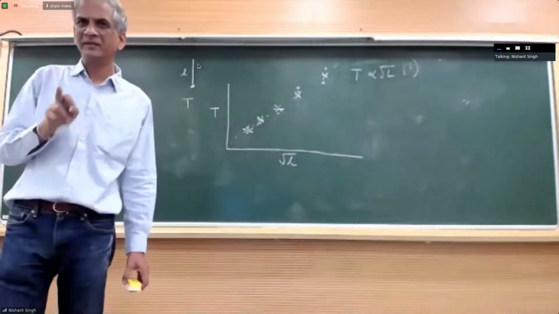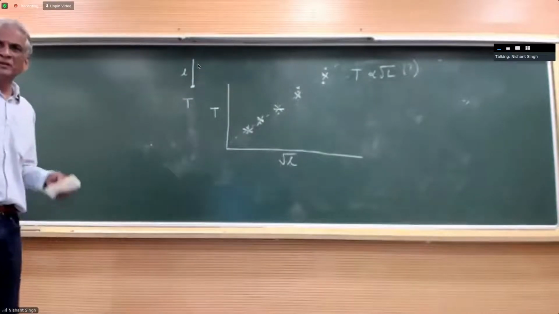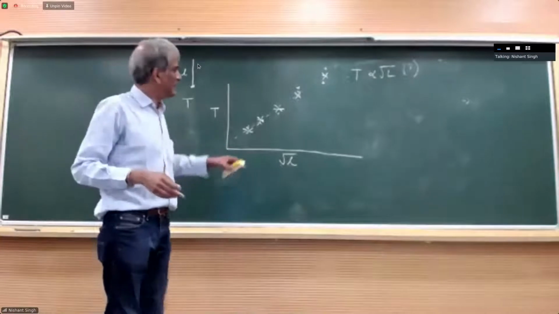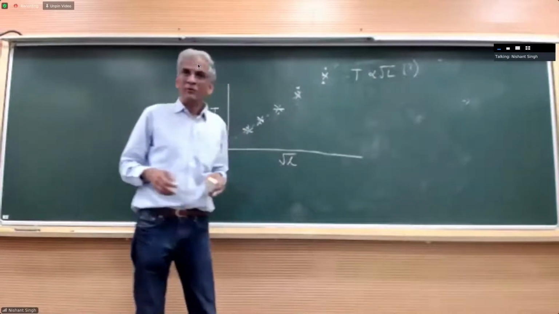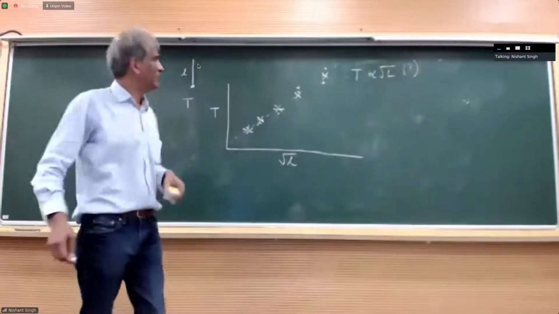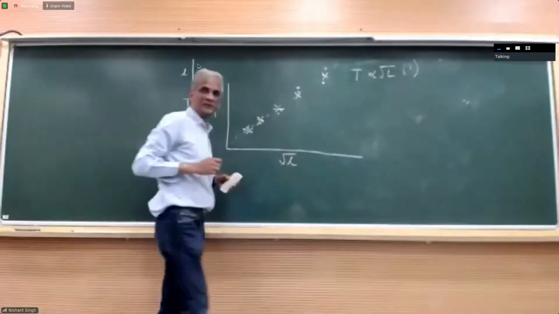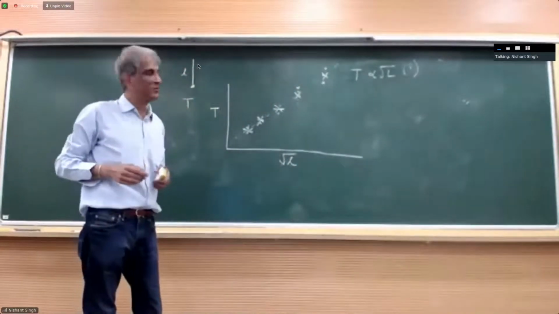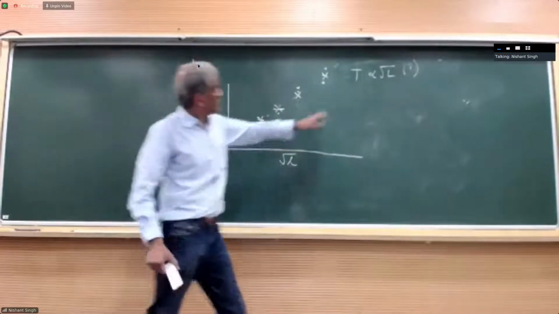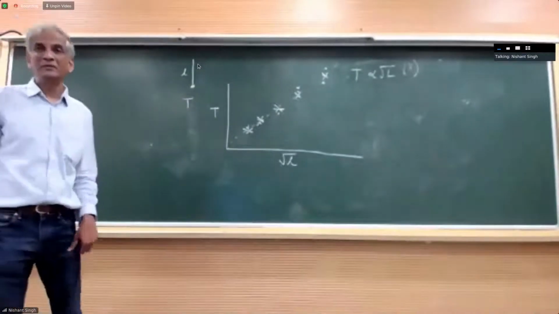This is where I say philosophy comes in. Say I did this experiment 5 times and got this value. If I go and do the same experiment 5 times again, I will not get the same average. I'll get a different average, but it'll be closer, maybe. So this is a philosophical statement that T will be proportional to root L, given that we do this an infinite number of times.